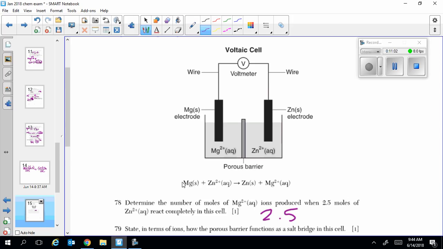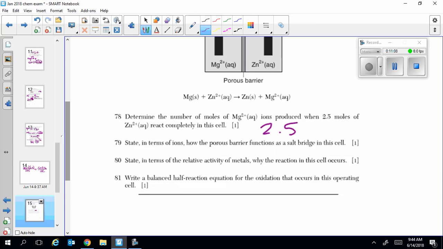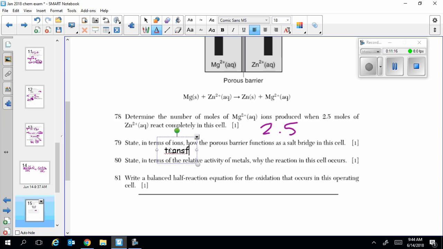So 2.5 of these and 2.5 of these would make 2.5 of those and 2.5 of those. State in terms of ions how the barrier functions as a salt bridge. So the function of a salt bridge is to transfer ions between the two cells.